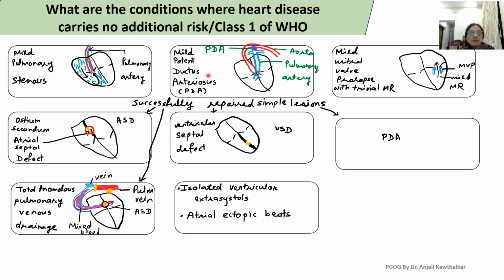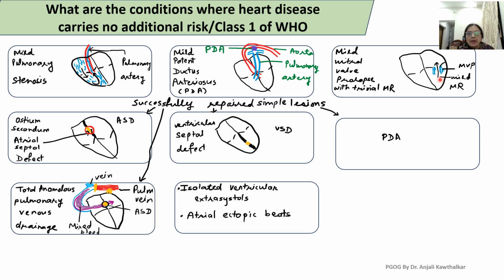Second is if there is a mild patent ductus arteriosus. Ductus arteriosus is the connection between the pulmonary artery and aorta. If it remains persistent, but it is a mild patent ductus arteriosus, then in these cases also there is no additional risk of complication to the mother or baby, and it comes under class 1.